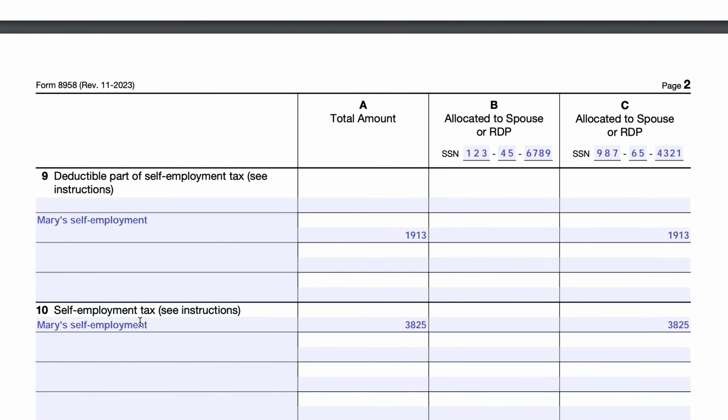So in this case, even though Mary's $50,000 was split between Mary and John, her self-employment tax is going to her Medicare and her Social Security benefits. So it goes on her record and it's attributable to her, which would mean that she also takes the deductible part of that self-employment tax as a deduction on Schedule 1. So that's how that would work.